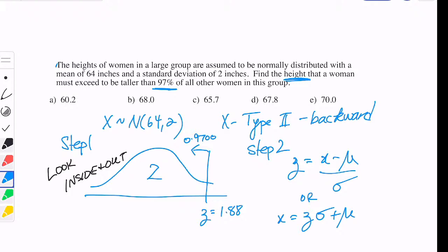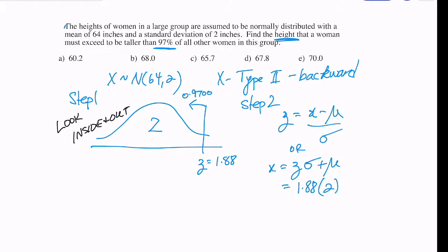So let's try this one just for a change. This will be 1.88 standard deviations, and the standard deviation is 2, from the mean. We add mu, which is 64.